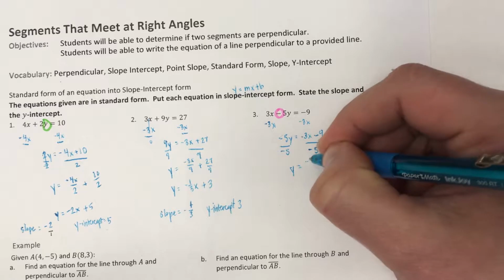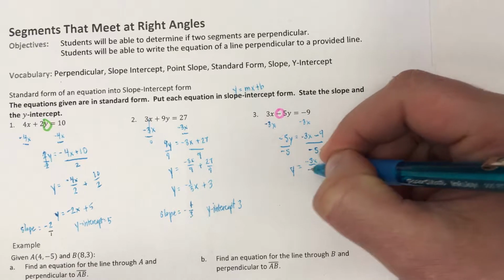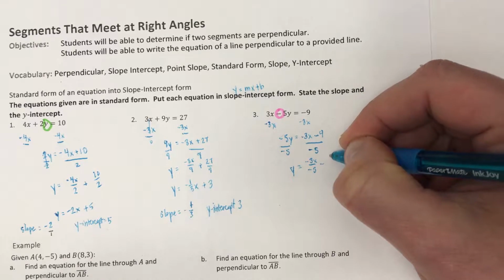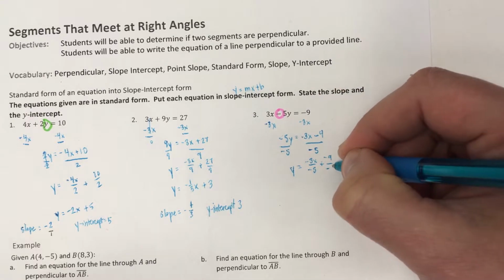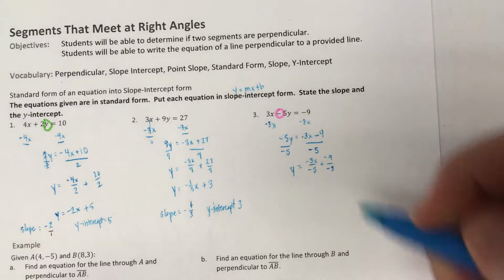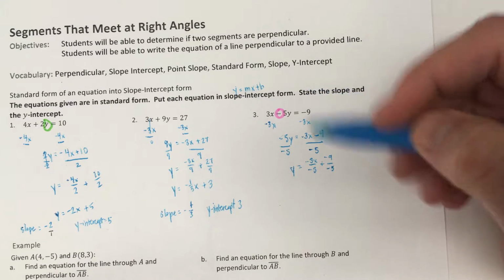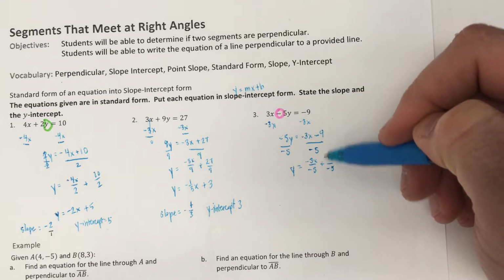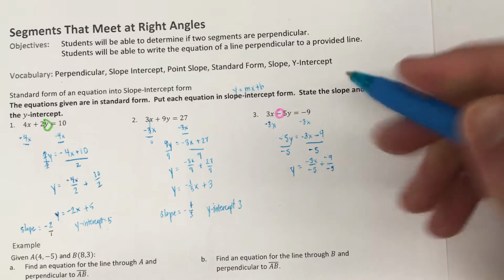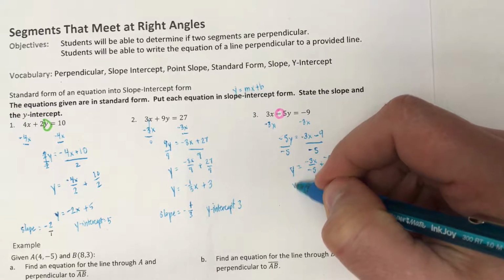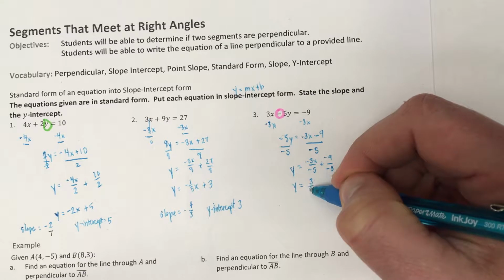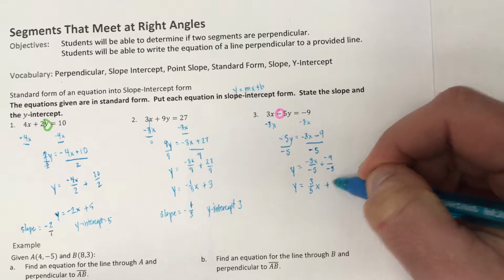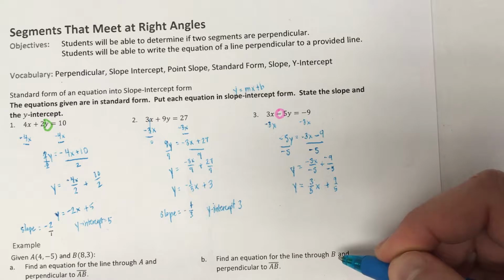y is equal to negative 3x divided by negative 5 and minus 9 divided by negative 5. So really this should be written as plus a negative divided by negative 5, just to keep it in a more simplifiable representation. And so this is 3/5 x plus 9/5.